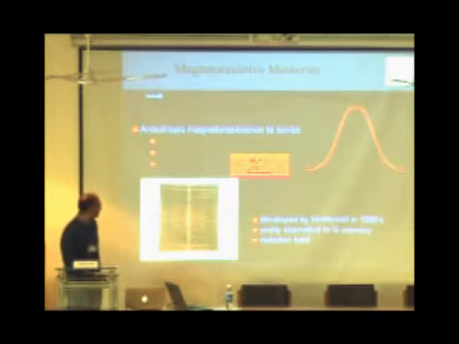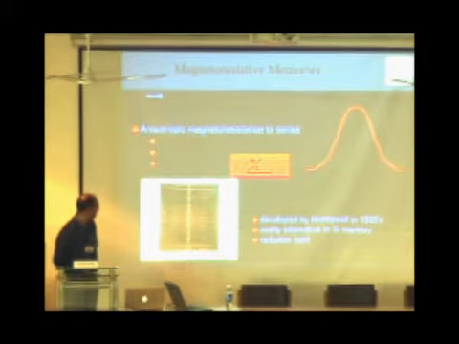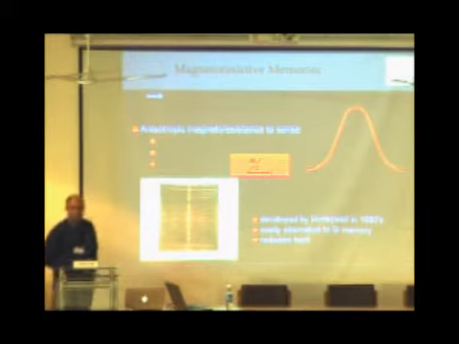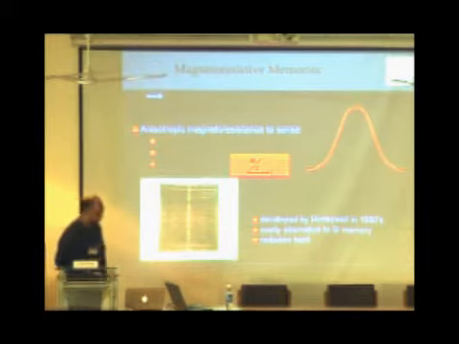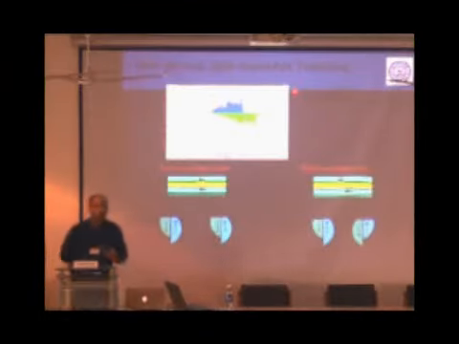This is a different version of MRAM, which is from 1986. This was made by Honeywell, and it consists of a 256 kilobit chip, and essentially it uses the anisotropic magnetoresistance, or AMR, effect as the storage mechanism. The only way they could advance it further was going to new physics.